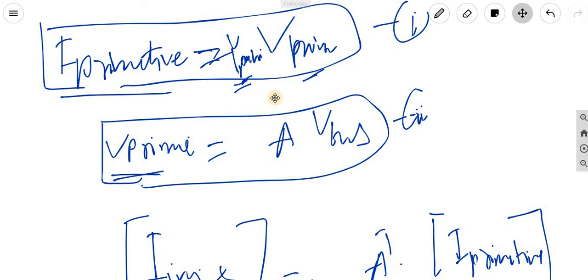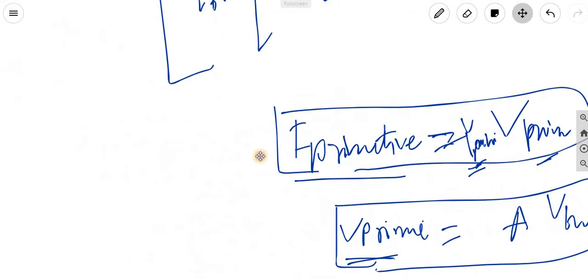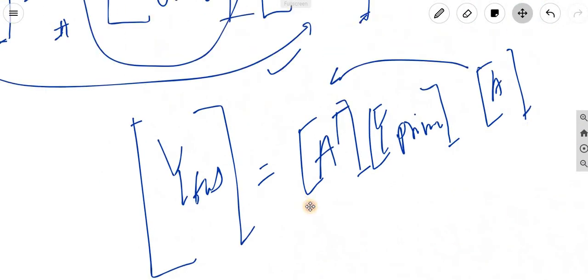Okay, the later case we'll also discuss, whenever mutual coupling is available between two transmission lines, their effect will come. Okay, we'll discuss in a later lecture. So this is ultimately the singular transformation method.